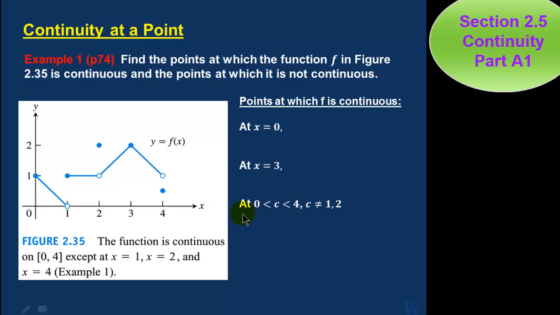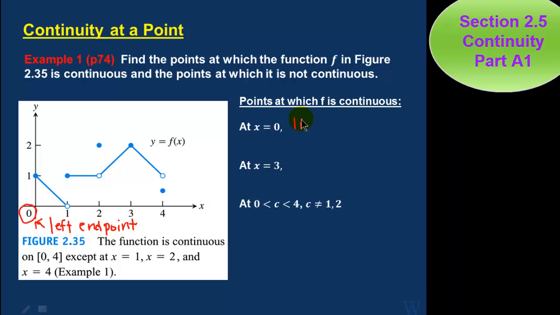Now, how do we know that the function is continuous in terms of limit? Let's examine x equal to 0. Notice that 0 is an endpoint. Let's call this a left endpoint. And so we will examine the one-sided limit.